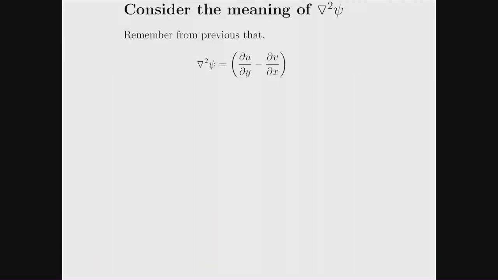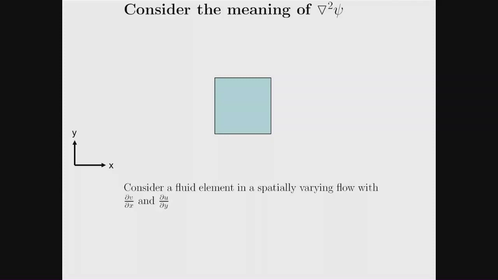Okay, so now what does the Laplacian of psi mean? What's the physical meaning of that? Now, if we look at the right-hand side of the equation, you can see that we have velocity gradient del u del y minus velocity gradient del v del x. So let's consider these velocity gradients.